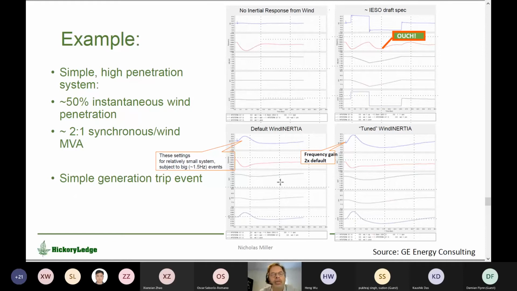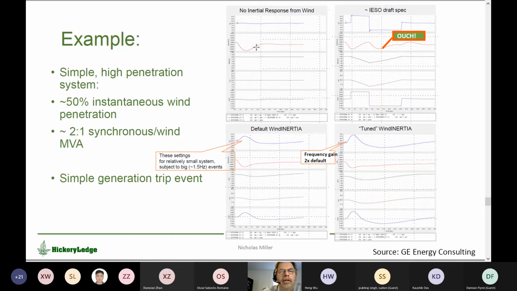So here are some simulations that were done in support of that particular investigation. I'm sorry that these are such eye charts, but there are a couple of things going on. One is the power command for the disturbance, and this is the grid frequency.